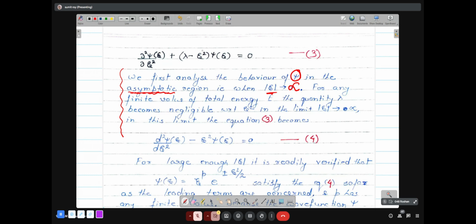So when zeta tends to infinity, lambda can be neglected as compared to zeta square. And if so, then the equation will look like this.